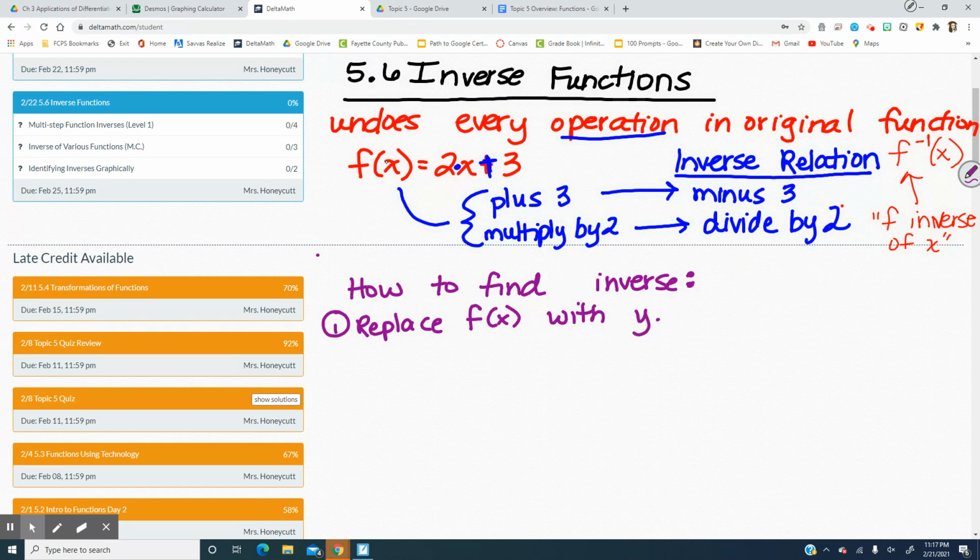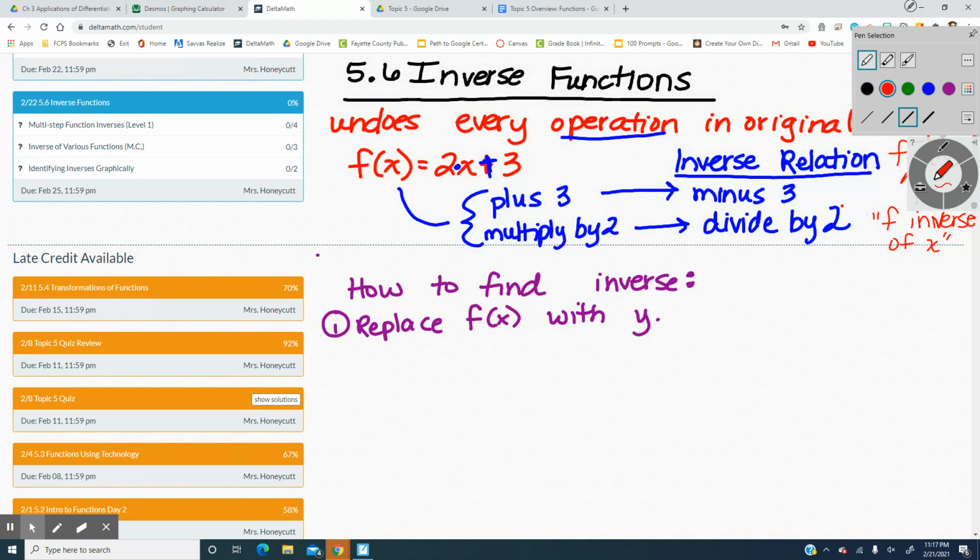So I'll go ahead and do that here. Instead of f of x equals 2x plus 3, y equals 2x plus 3.